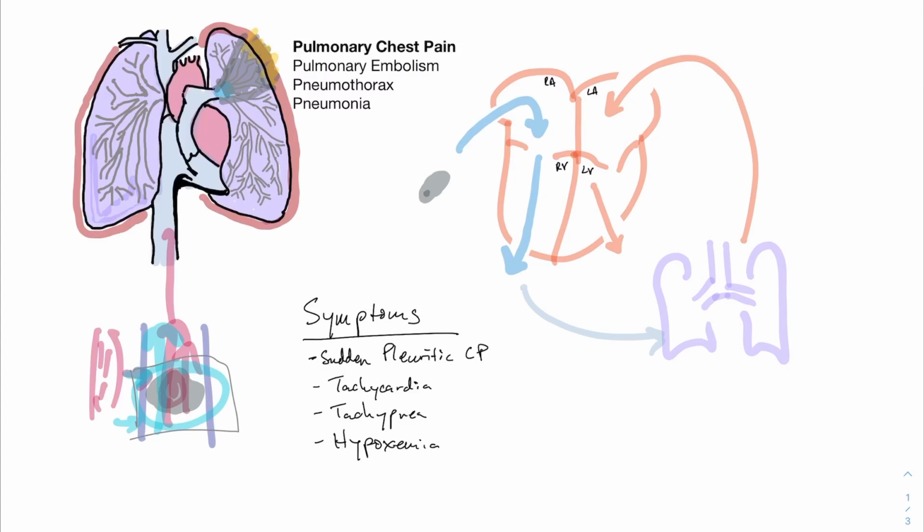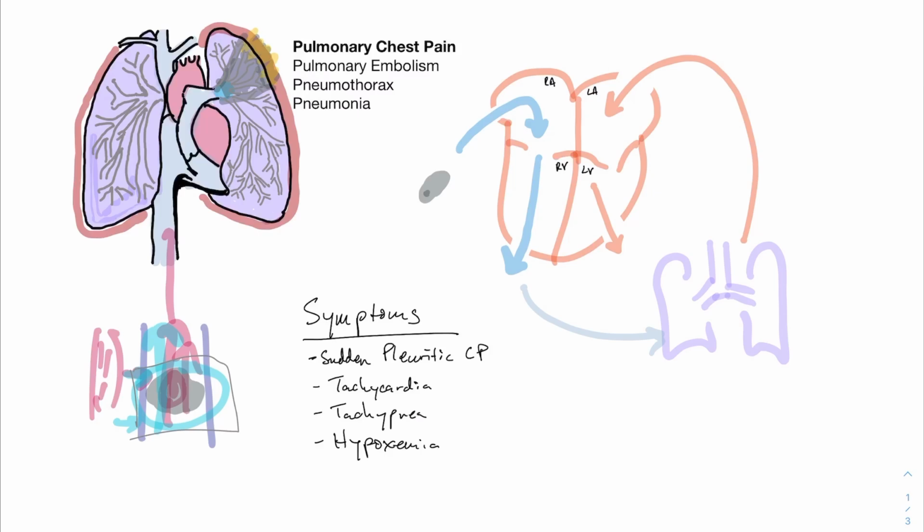So you'll also have some tachycardia, and the way that I think of the tachycardia is that your heart is trying to push past that clot right here, and so it's going to pump faster and harder and try to push blood through. You'll also have tachypnea, and the way that I think about that is that you have this area of lung that is no longer able to process your blood. You're no longer able to put oxygen back into your blood.